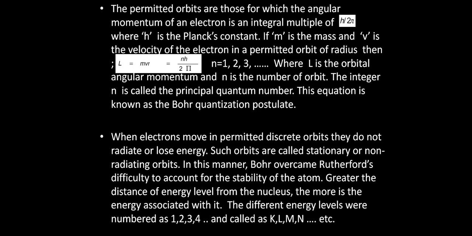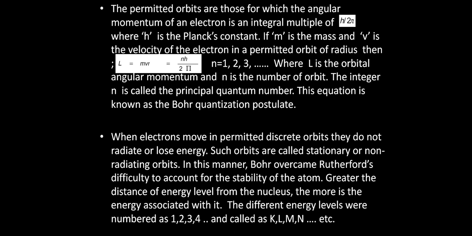So Bohr explained it in this way, that the energy of an electron is always fixed or stationary. It does not change if it is revolving in that particular orbit. That's why the orbits are also known as the stationary states.